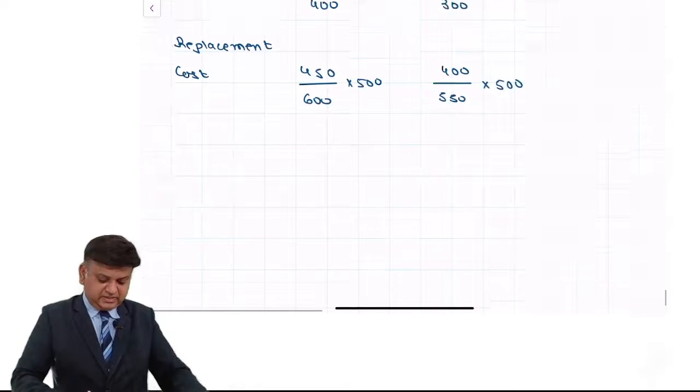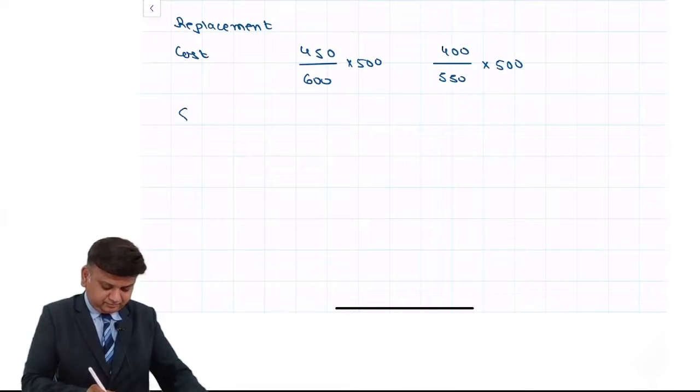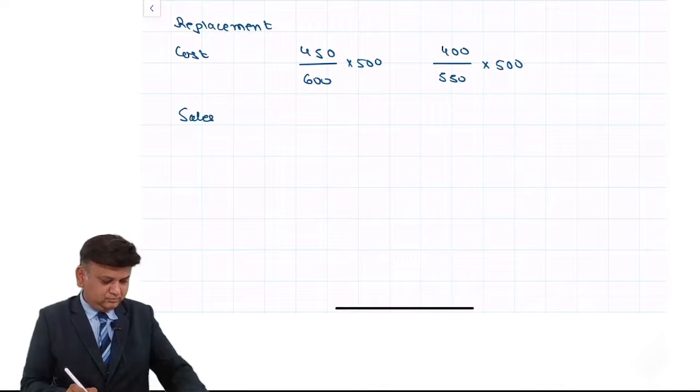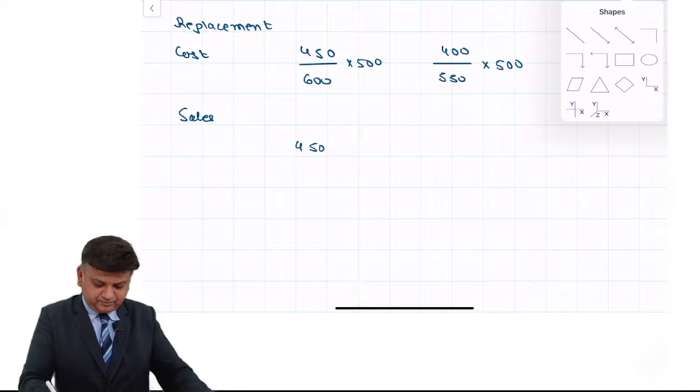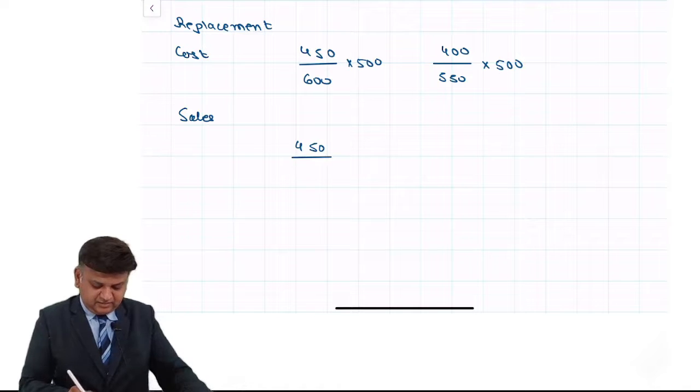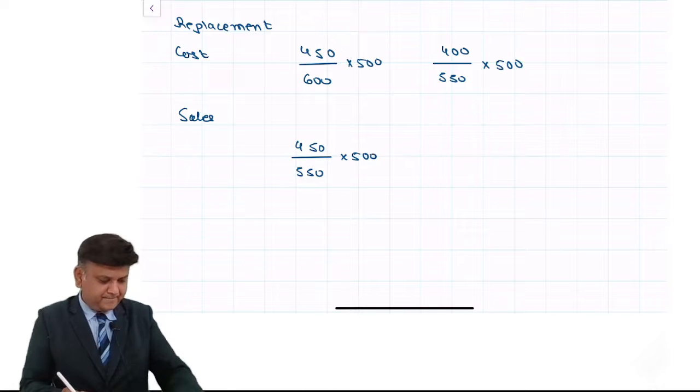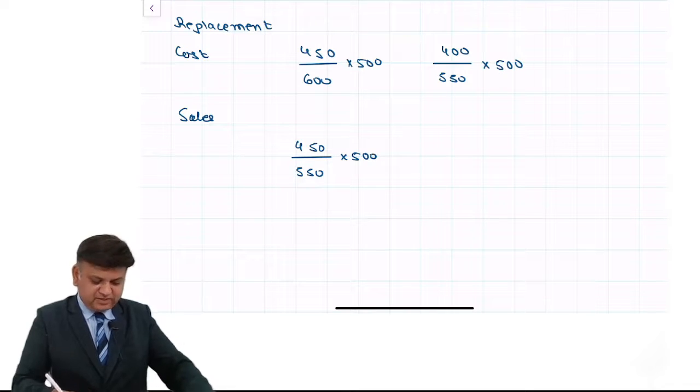Next is the revenue, that is the sales. For the sales it will be 450 divided by 550 multiplied with 500. And for AS Limited it is 400 divided by 450. So you'll get a ratio multiplied with 500.